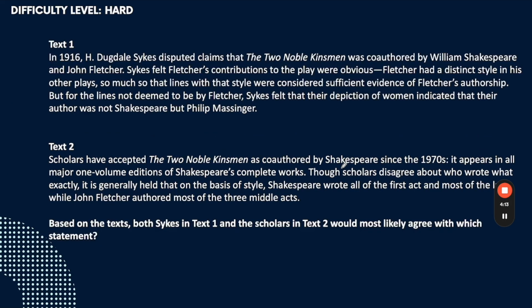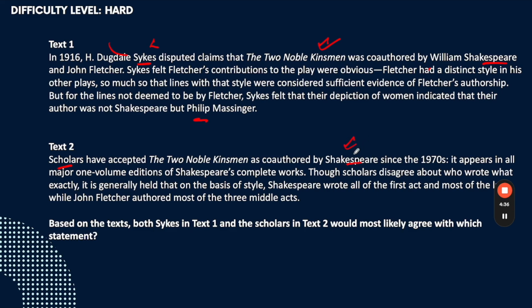So all in all, when it comes to the relation between the two texts, they are in disagreement on certain opinions. As per Sykes, Shakespeare wasn't the author of this book. He didn't co-author the book. In fact, Philip co-authored the book. But when it comes to the scholars in text 2, Shakespeare was a part of the book.